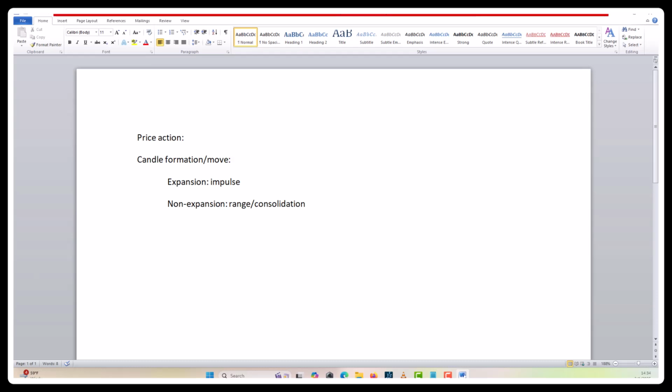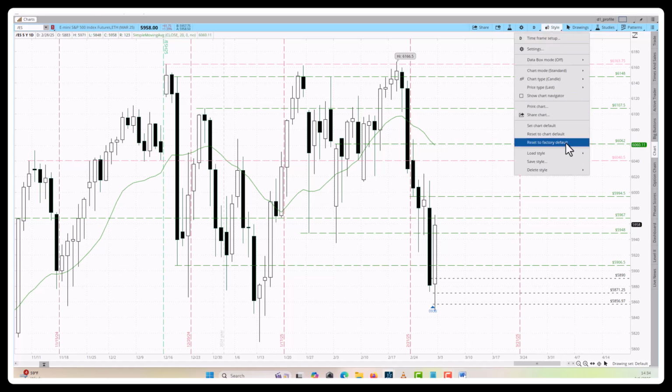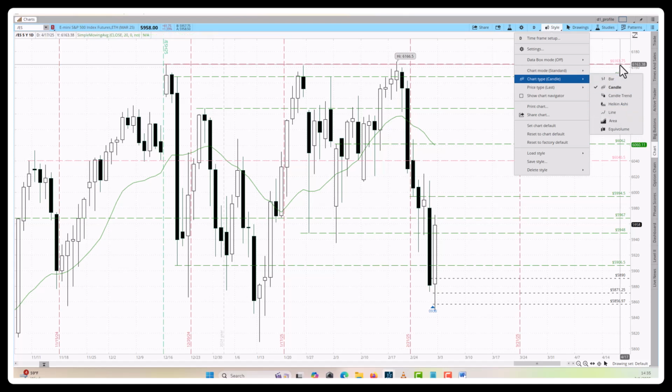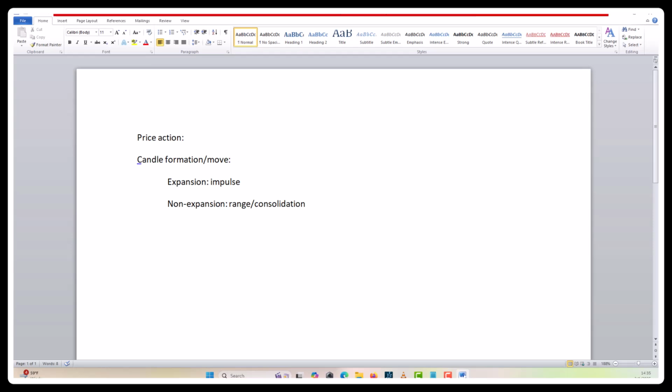Right here in Thinkorswim, we can choose different kinds of charts. Basically the chart is the way to visualize price action, and in this case we choose the chart type candle. People can use bar charts, and the two popular ones are the bar and the candle. In our study and in our trade, we use candle. That's the reason why we put candle formation right there.